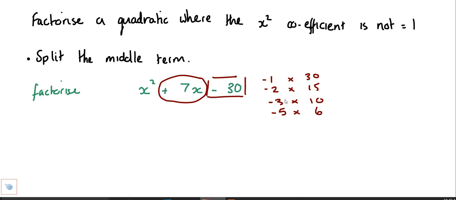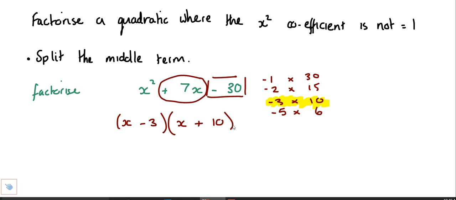So I'm looking for those that add to make positive 7, and we can see that minus 3 and 10 work. So that would lead us to x minus 3 and x plus 10.